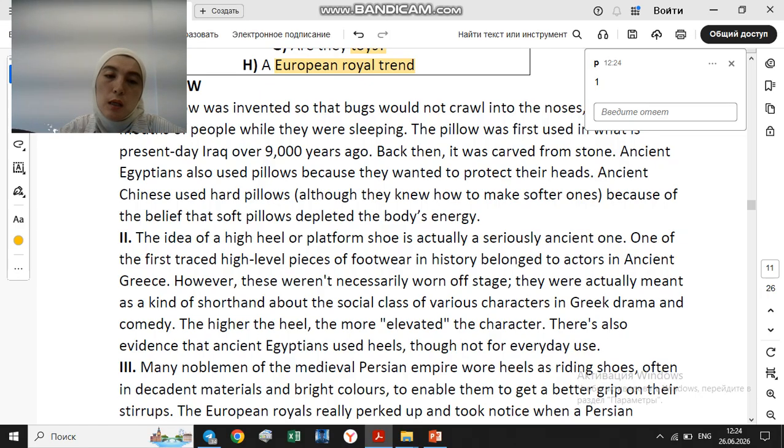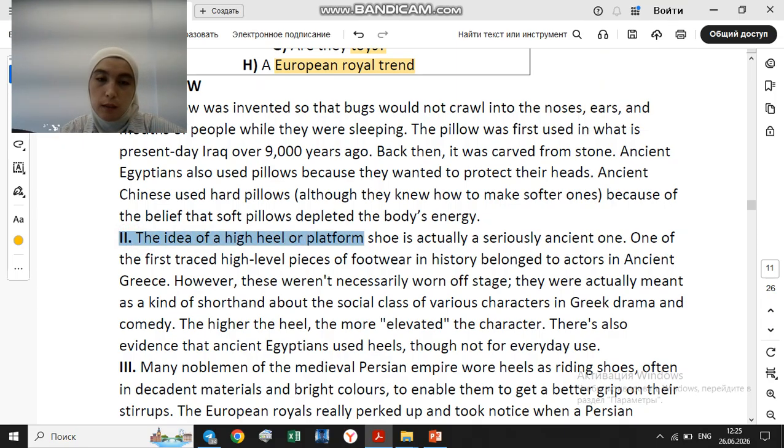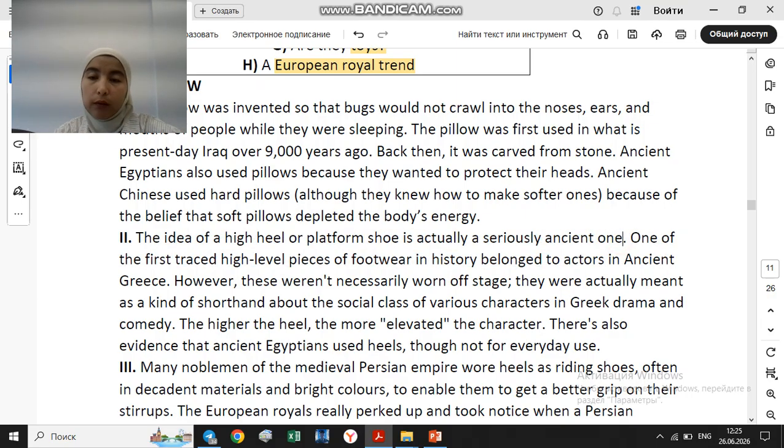The idea of high heel or platform shoe is actually a seriously ancient one. One of the first high-heeled pieces of footwear in history belonged to actors in ancient Greece. However, these weren't necessarily high heels. They were actually meant as a kind of shorthand about the social class of various characters in Greek drama and comedy.